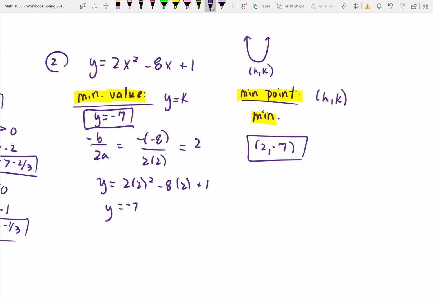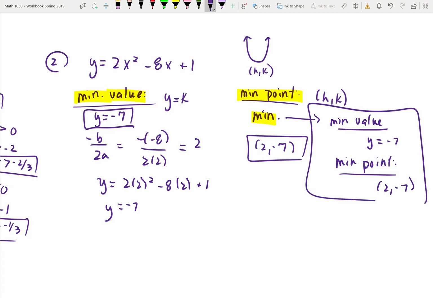If they say minimum and they don't say point or value, personally, I would be really safe and say my minimum value is y equals negative 7 and my minimum point is (2, negative 7), and I would box both of those and make sure I write them down. I think that'd be pretty safe.